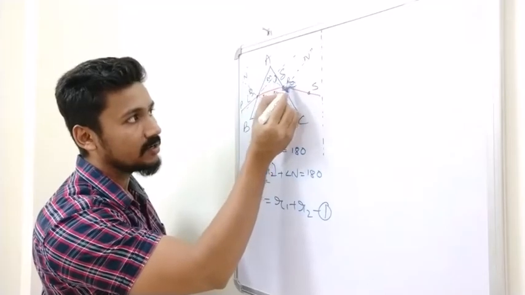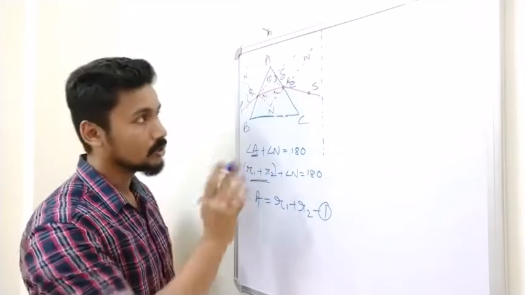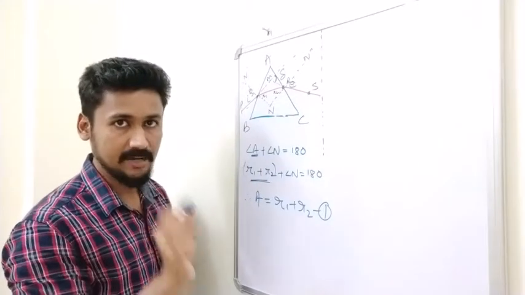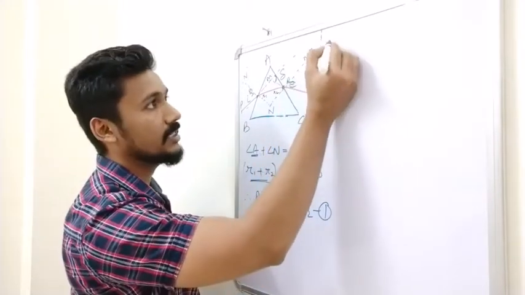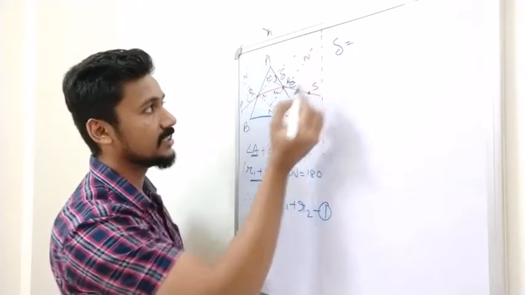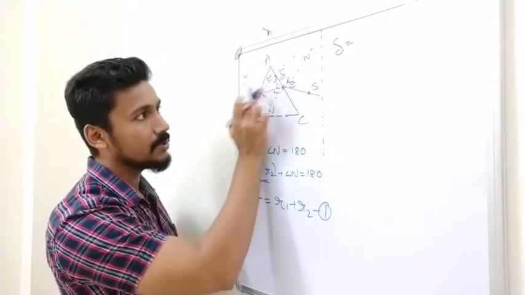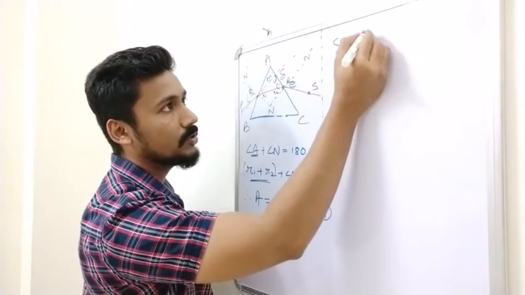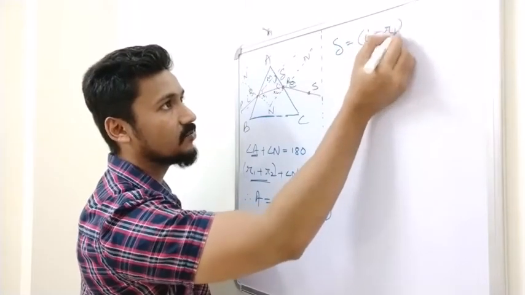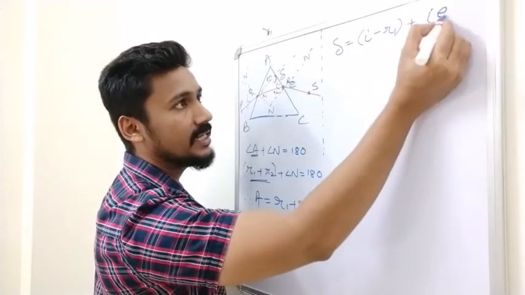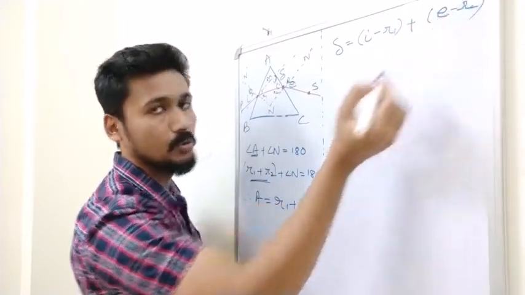That would be the angle of emergence minus R2. So using the exterior angle theorem, delta is equal to this angle plus this angle: incidence minus R1 plus emergence minus R2, correct?